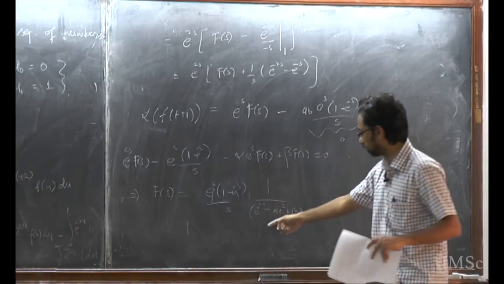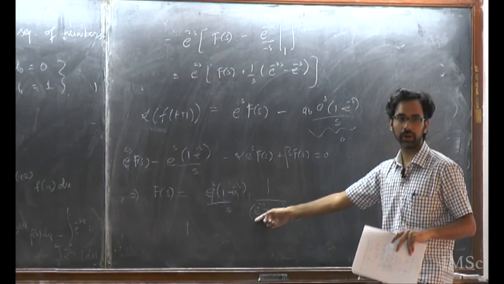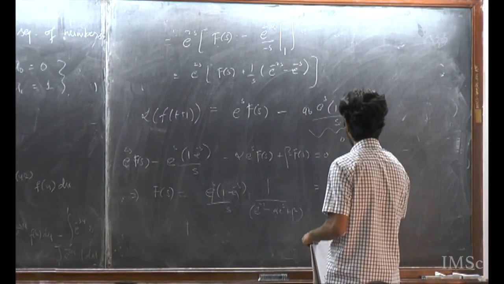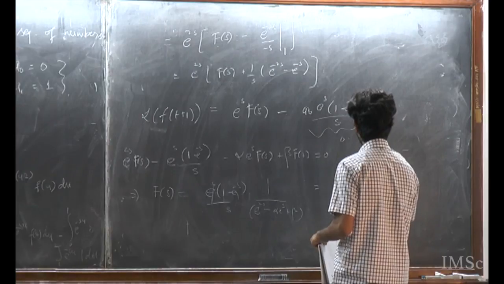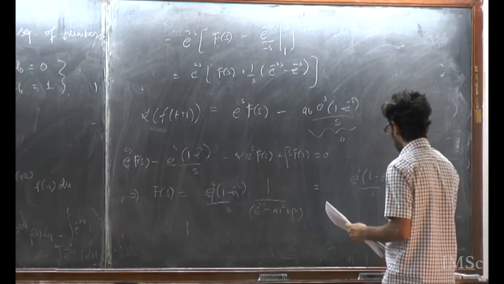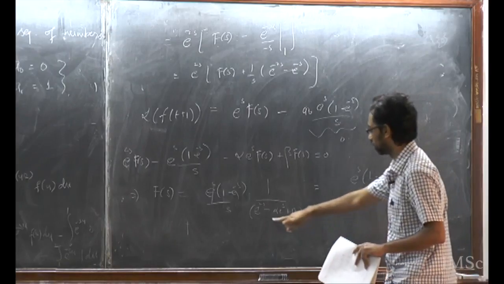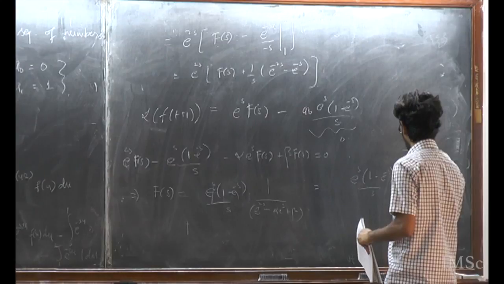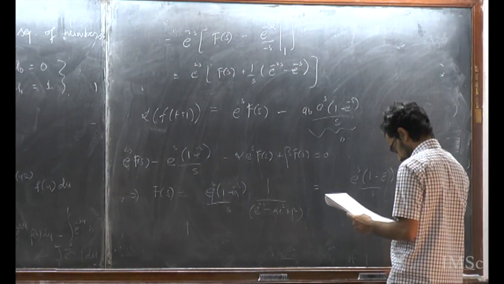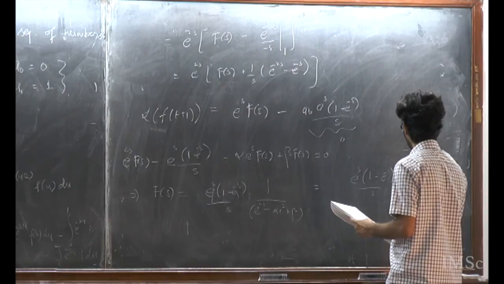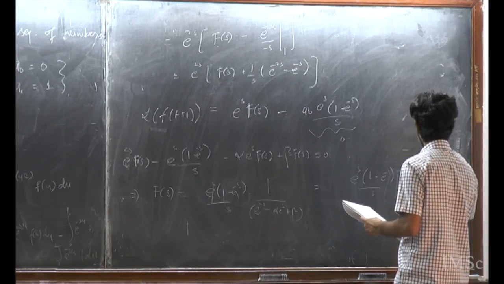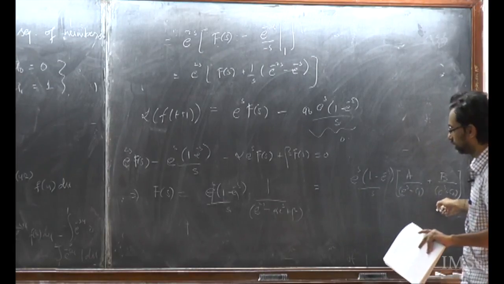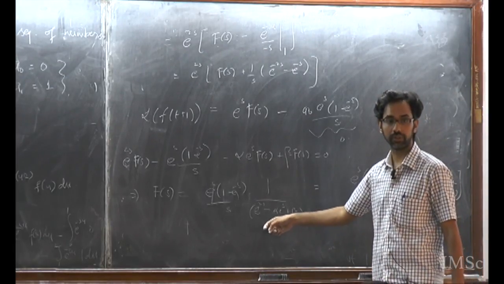Now this is a quadratic equation in e to the power s. So you can solve it, write this in terms of its roots and use partial fractions to expand. You will have something like A over (e to the s minus c1) plus B over (e to the s minus c2), where c1 and c2 are roots of this equation.